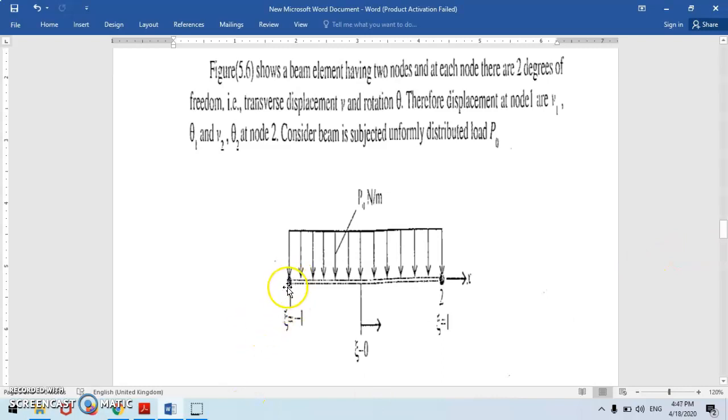At node 1 the displacements are V1 and theta 1, and at node 2 the displacements are V2 and theta 2, where V is the displacement in the y direction and theta is rotation.